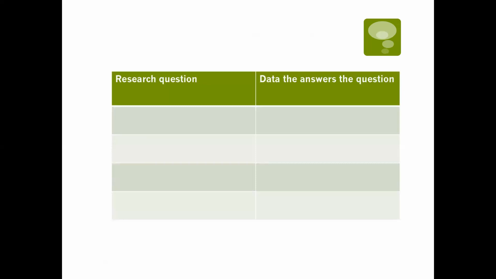Now I want you to think about how your research questions line up with the data sources that you're planning to collect. And for each question, there needs to be data that answers it, okay? Or something's off. So this should help you make sure that your research questions are in line with the data that you're going to collect, and vice versa.